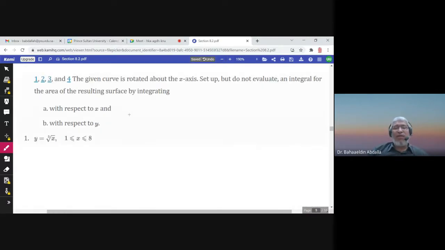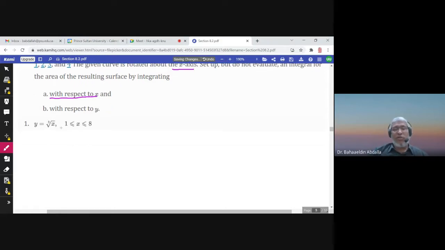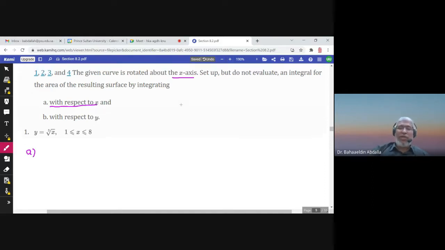Here, the given curve is rotated about the x-axis. Set up, but do not evaluate, an integral for the area of the resulting surface by integrating with respect to x first, and then with respect to the y-axis. I mean to x, to the variable x, and here to the variable y. So for A, the most important thing for me is the rotation. The rotation is about the x-axis.